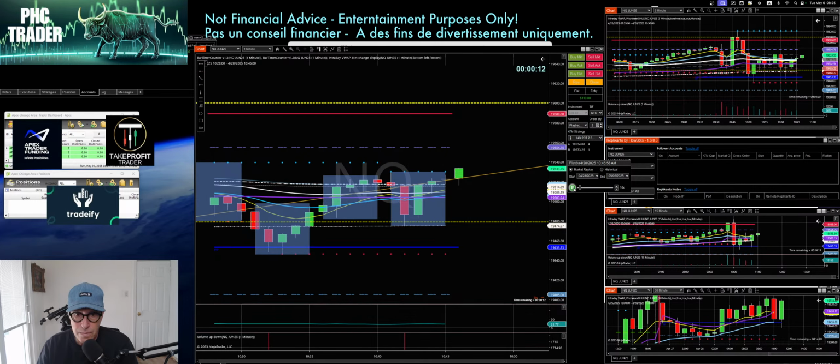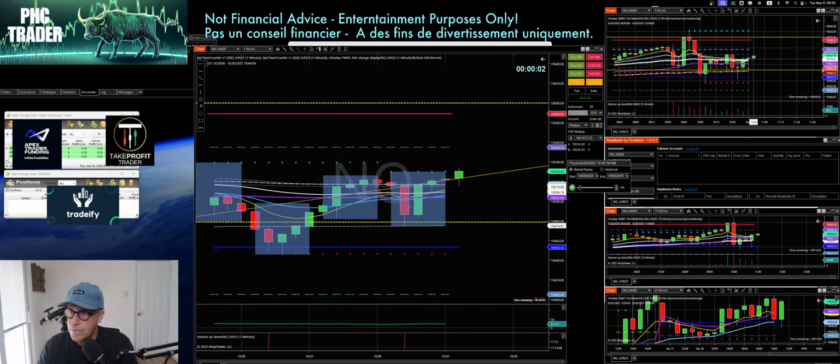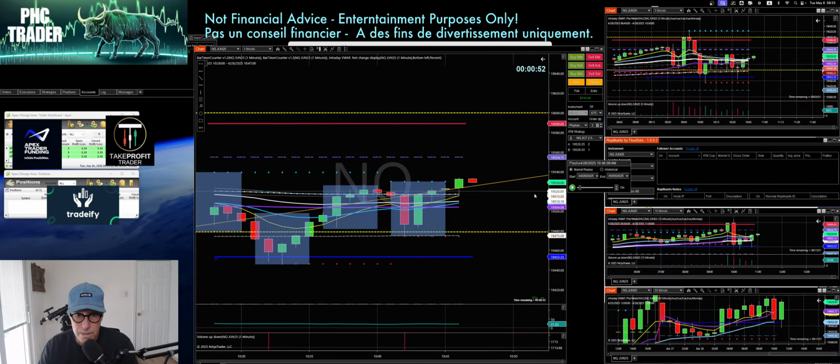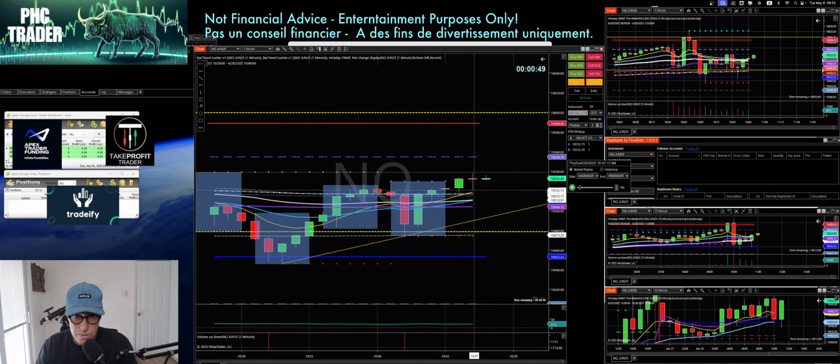Hopefully we're going up. Okay, look, this is a trend up. We have a candle here. We're right in the middle of the range, which is usually not that great to trade. This dotted line tells me there's a resistance right here. And we did close.